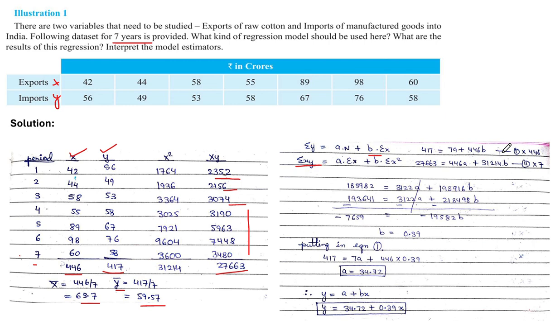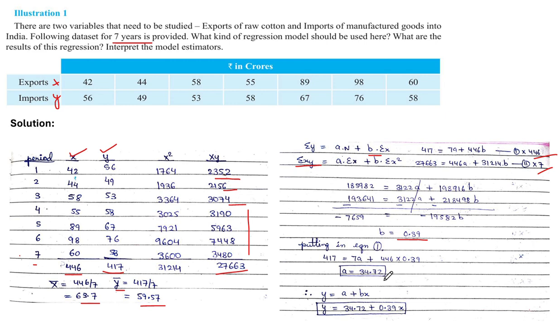Now we will balance both equations by multiplying the first equation by 446 and the second equation by 7. Now we will see a is cancelled in both equations. Further we solve, and we get b is equal to 0.39. Now we will put the value of b in equation number 1.